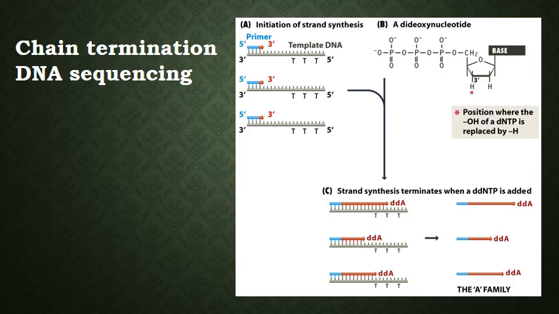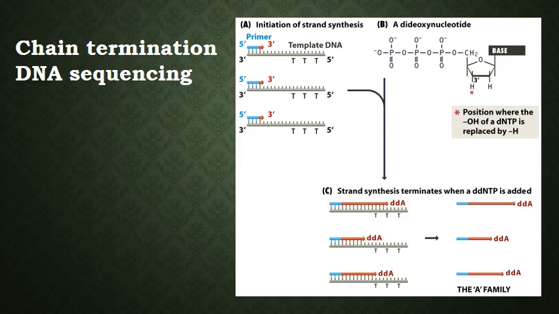As shown in the figure here, the strand synthesis reaction, which is catalyzed by DNA polymerase enzyme and requires the 4 deoxyribonucleotide triphosphates, dATP, dCTP, dGTP, dTTP as substrate, would normally continue until several thousand nucleotides have been polymerized.